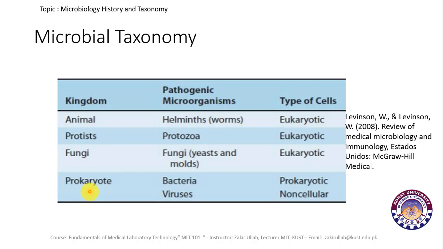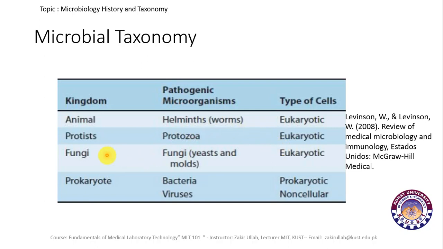There are 4 different kingdoms. In the animal kingdom, Animalia, the pathogenic microorganisms are basically the worms, and their cells are eukaryotic. The example of the protist is the protozoans, which are basically eukaryotes.